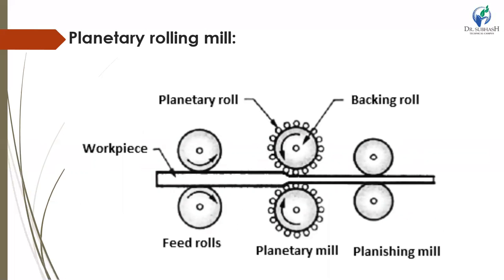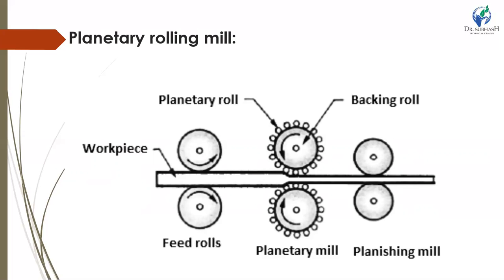Then next is the planetary rolling mill. The diagram of the planetary rolling mill is shown in the figure. For this rolling arrangement, for large reduction, a number of free rotating wheels are used instead of a single small roll.